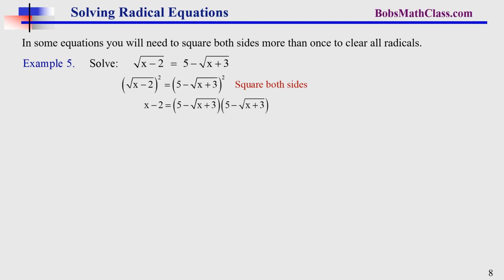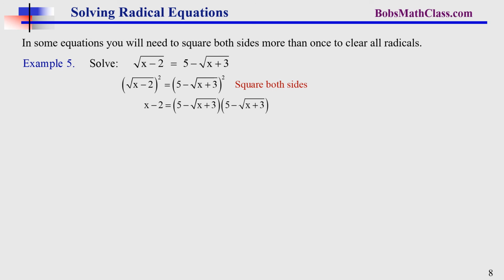Okay, so now when you FOIL on the right-hand side, it's 5 times 5, which is 25, and then 5 times negative square root x plus 3, the outers, that'll be negative 5 square root x plus 3. You do the inners, negative square root x plus 3 times 5, that'll be another negative 5 square root x plus 3.